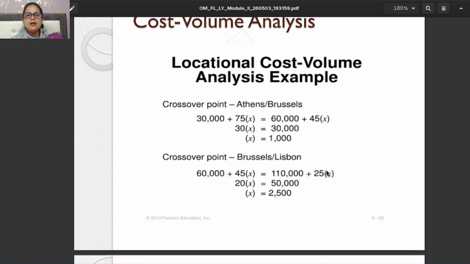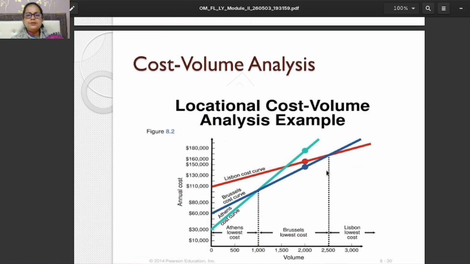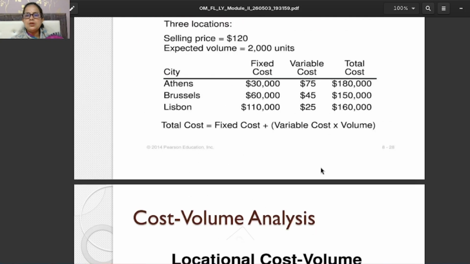See, here we need to calculate the total cost. Suppose fixed cost is 30,000, plus 75 into 2000. So in total, it will be 180,000, or you can say 1,80,000.